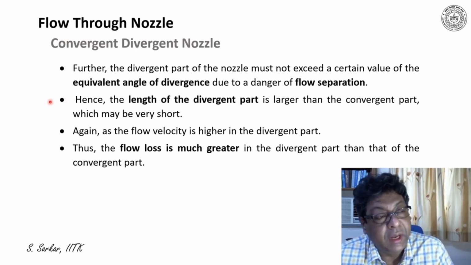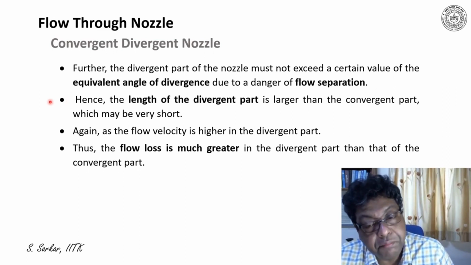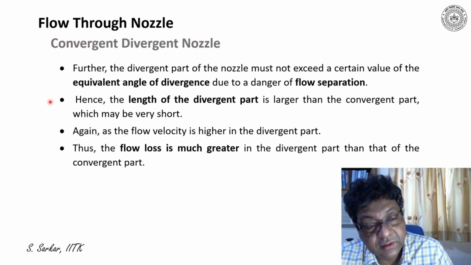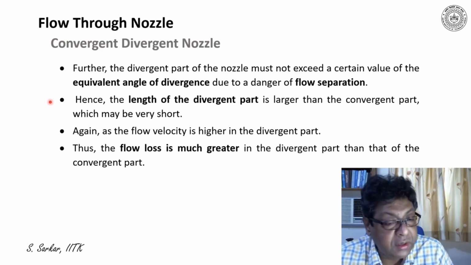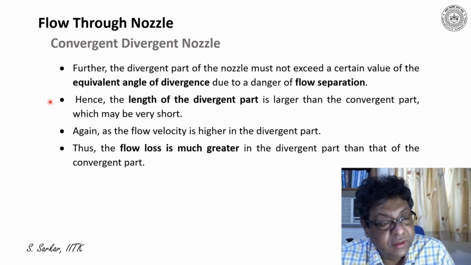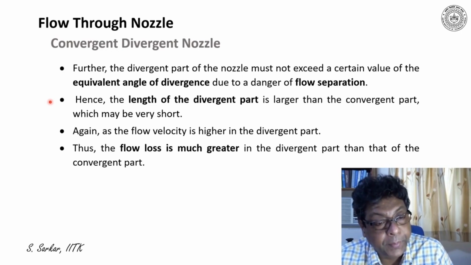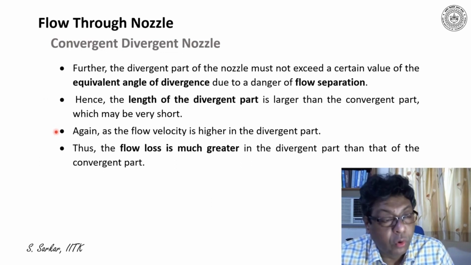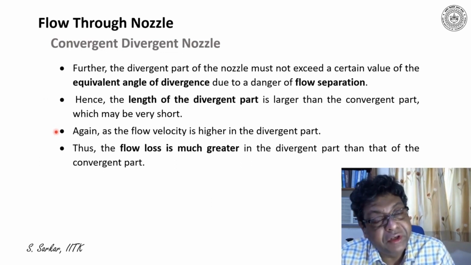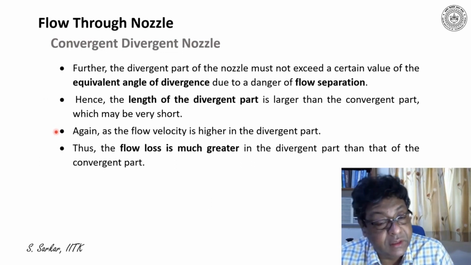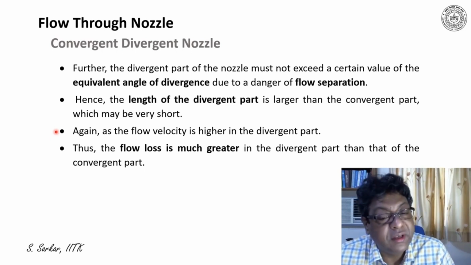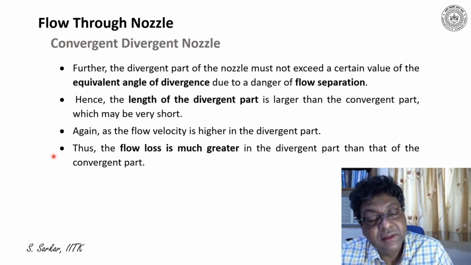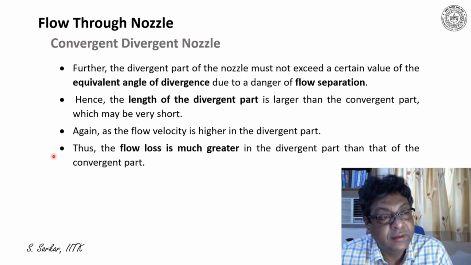Hence, the length of the divergent part is considerably larger than the convergent part, which is in general short. Furthermore, the velocity in the divergent part is high. Thus, the flow loss is much greater in the divergent part than the convergent section.